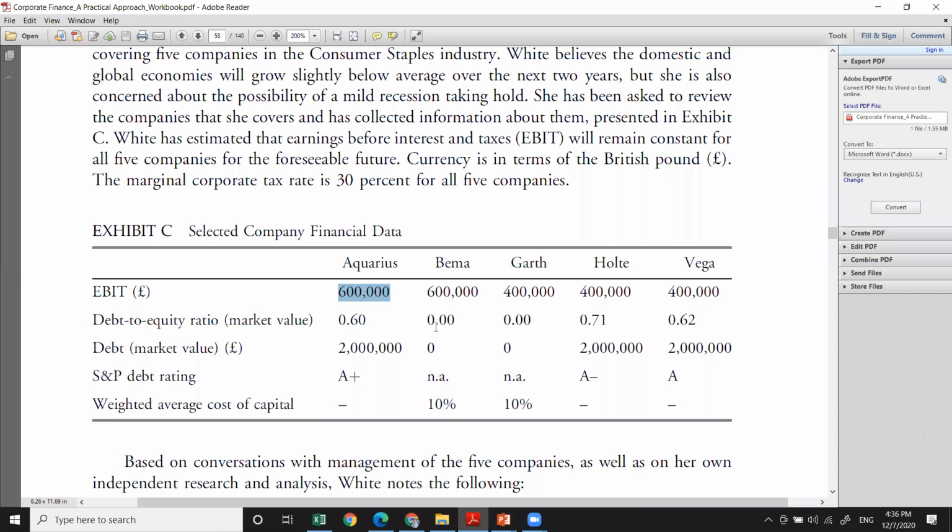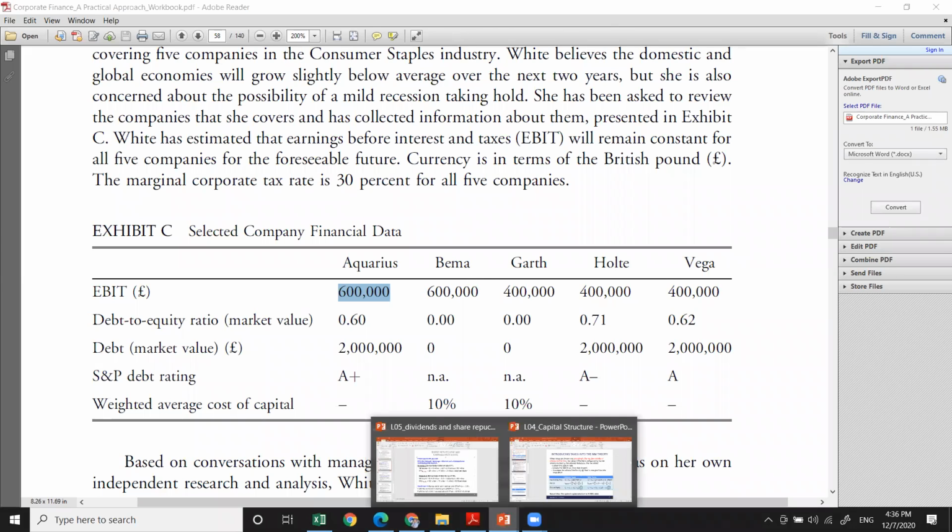We only have the cost of equity. Who can tell me BEMA's cost of equity if all equity financed? 10%. Easy as that.